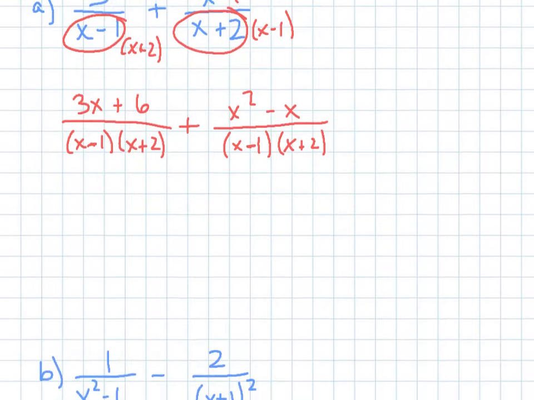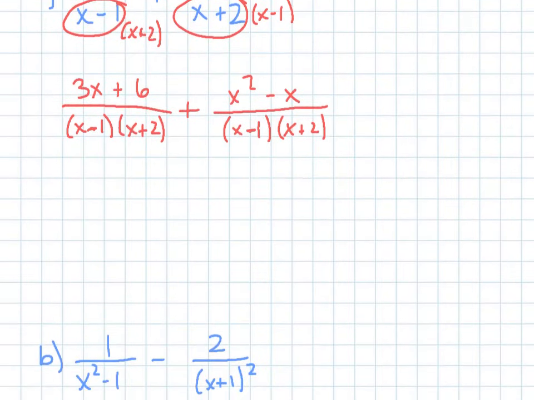Okay? So then now, you want to put your two fractions together, try to combine like terms. So you get x squared, because there's no like terms with that. 3x and negative x become a positive 2x, plus 6. And then the denominator, x minus 1, x plus 2.